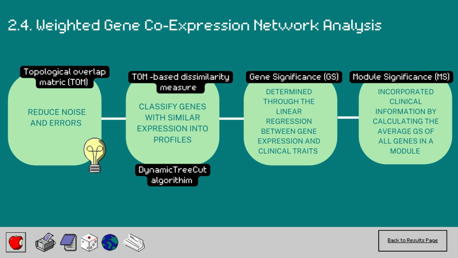The gene significance is determined through the linear regression between gene expression and clinical trait, while the MS, module significance, incorporates clinical information by calculating the average GS of all genes in a module. Overall, to make it simple, WGCNA allows for the identification of hub genes and also the integration of clinical information into the co-expression network.